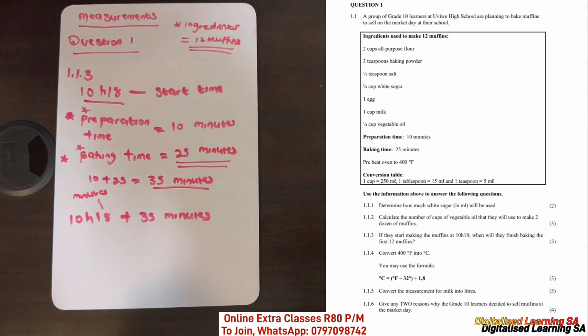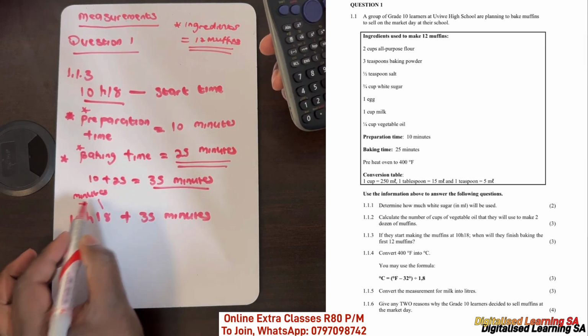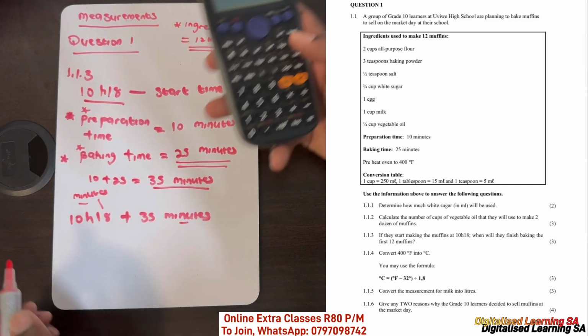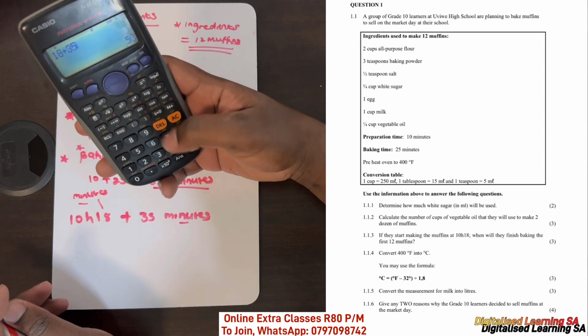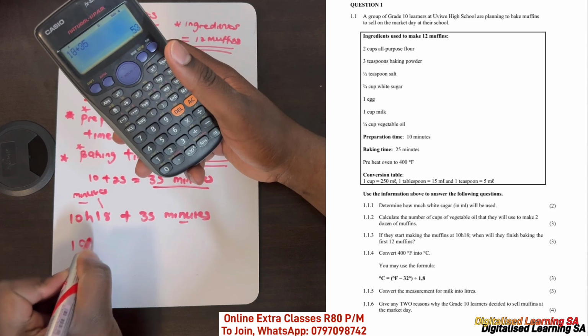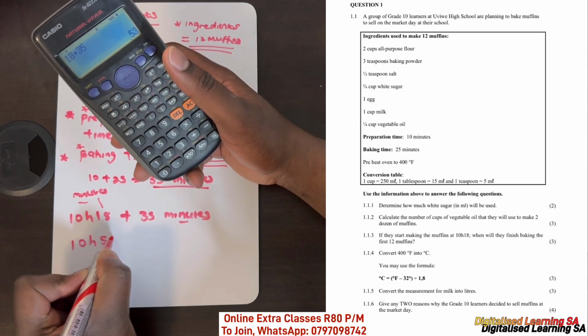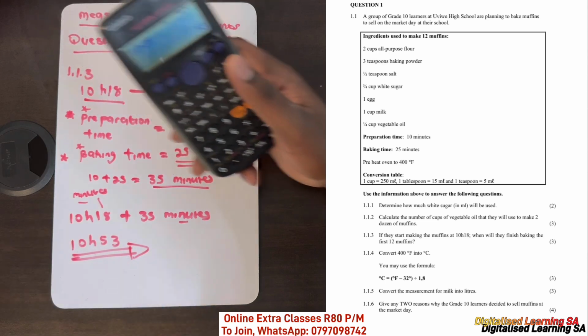Meaning that to get our answer, we can just add the minutes. Do you see how easy it is? We have minutes here and minutes here. So we can say 18 plus 35, and that's 53. So it will be 10:53. So this will be our answer.